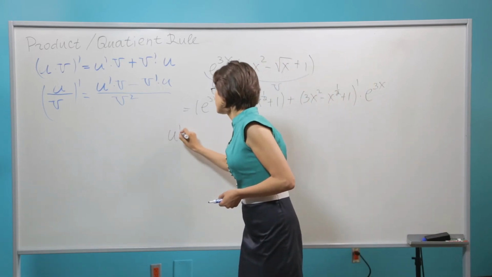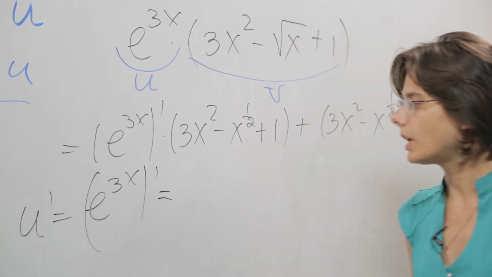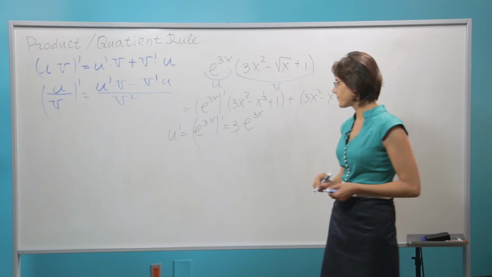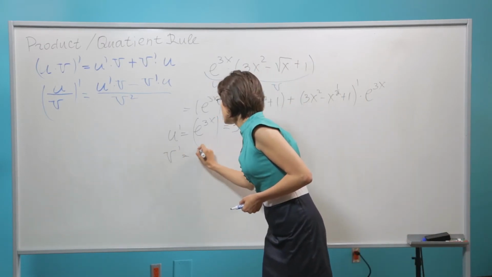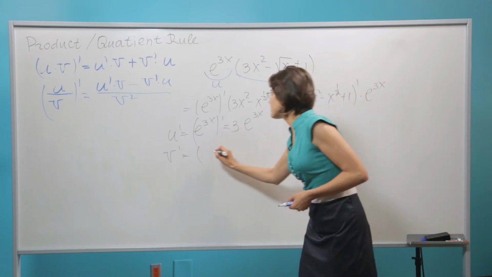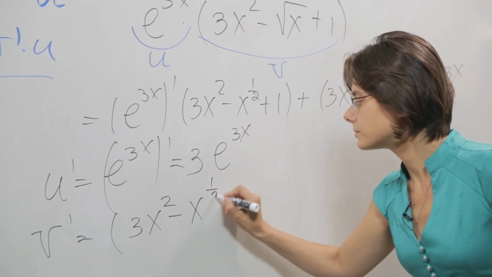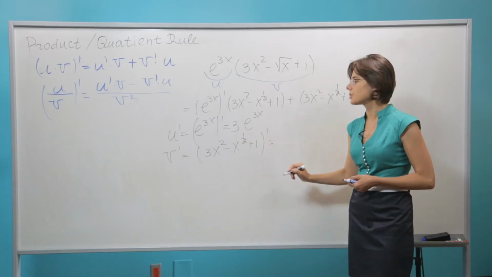So the u derivative, which is just an exponential function derivative, is equal to 3 times e to the power of 3x. And the derivative of function v is the derivative of this sum and difference of functions, so I have to split them into 3 functions.